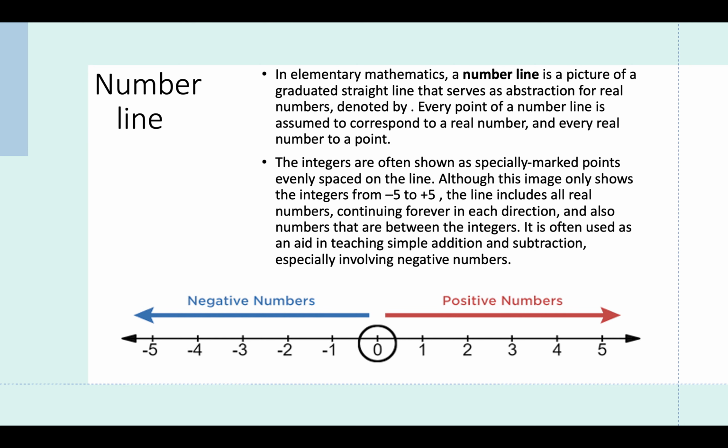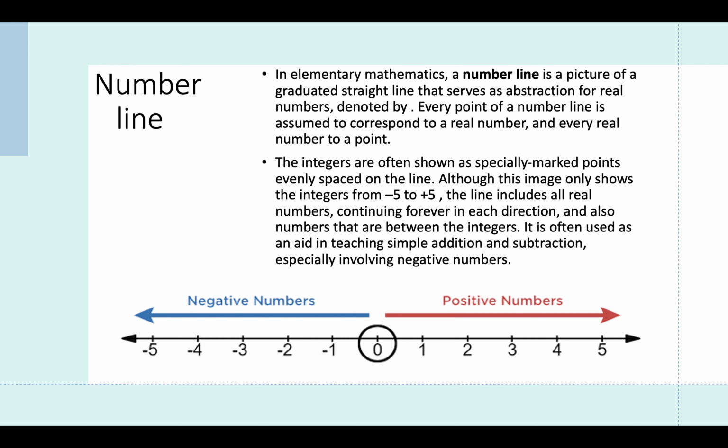Number line. In elementary mathematics, a number line is a picture of a graduated straight line that serves as abstraction for real numbers, denoted by the picture which is shown below. Every point of a number line is assumed to correspond to a real number, and every real number to a point. The integers are often shown as specially marked points, evenly spaced on a line.